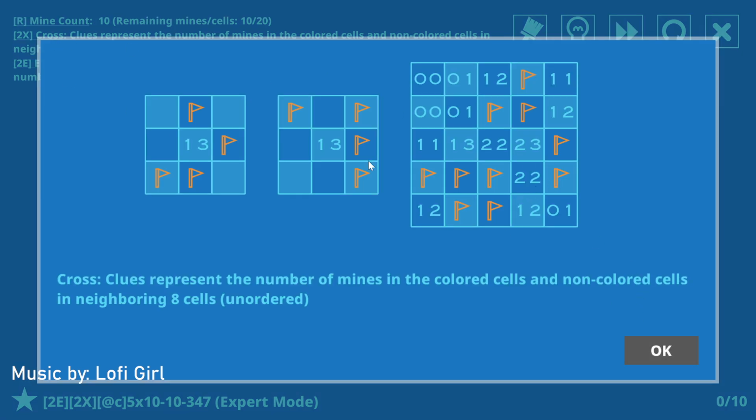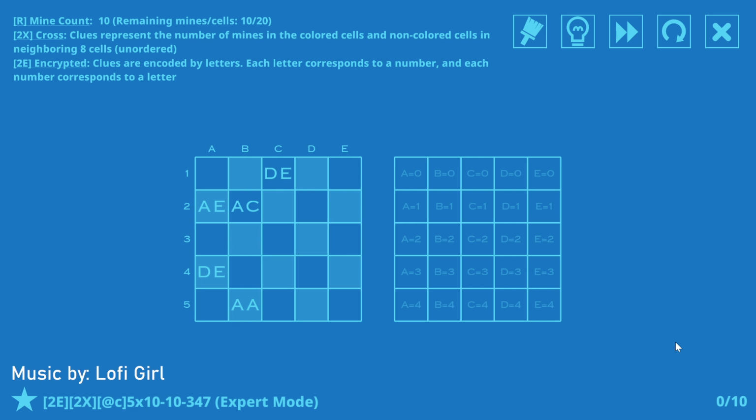Cross clues have 2 numbers in them, and each number refers to the number of mines in one of the 2 colors around it. So you have light and dark mines here. The 1, 3 could either mean 1 light and 3 dark, as in this case, or 1 dark and 3 light, as in this case, and that goes for every single clue. But each number is clearly for different. Each number is hidden by a different letter.